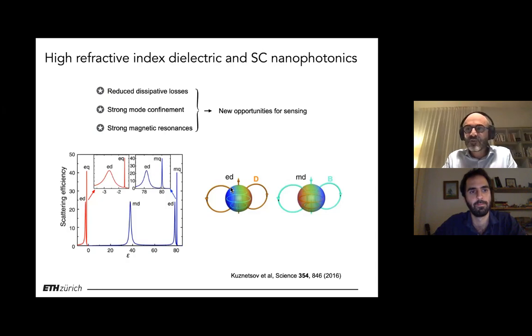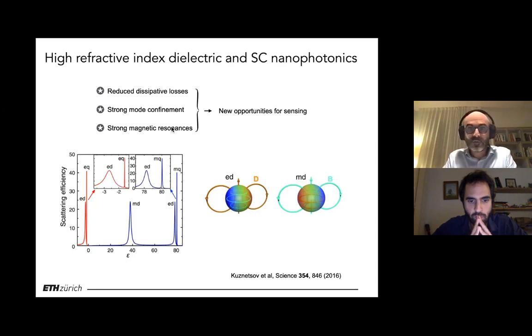Instead of using material resonances, so plasmon resonances, we're going to use geometrical resonances in either high refractive index dielectrics or semiconductors. We're going to use the fact that the effective wavelength within this material is very tiny. And you have, I'm sure you know these resonances, maybe in the form of Mie resonances or things like that. So this is a bit what is happening here.